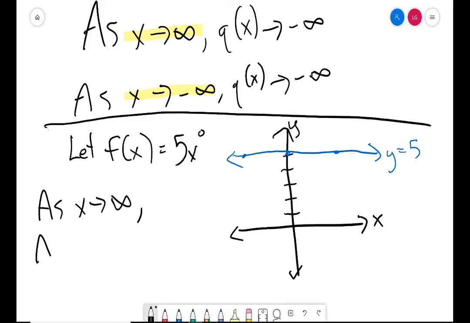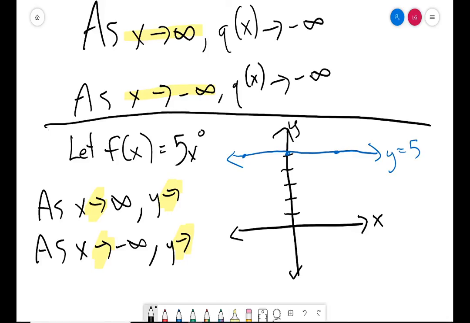So it's degree 0. But let's think about our end behavior statements. As x gets very large, very far to the right and left, what happens to y, the outputs? And these arrows are kind of shorthand for goes to or approaches.